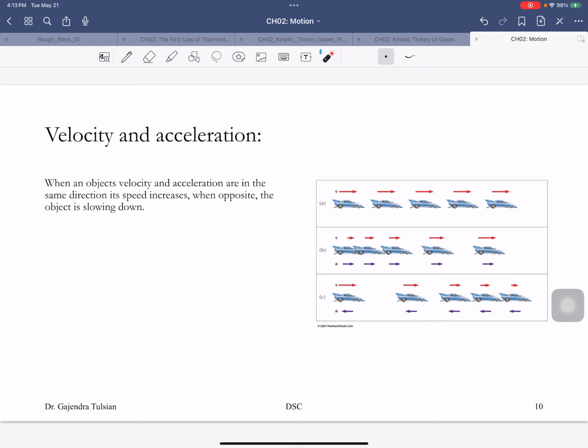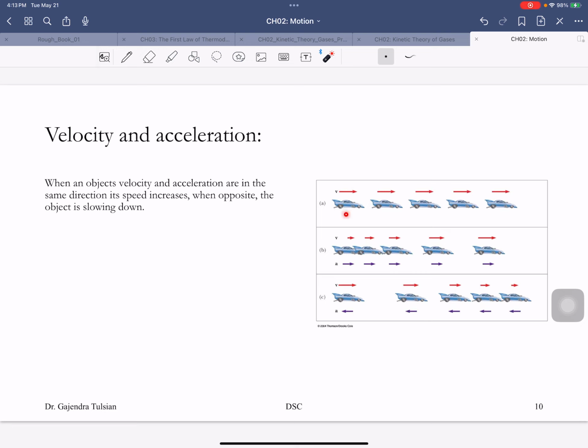The velocity and acceleration are pointing in the same direction, and so the velocity is increasing. So this is what happens when you accelerate, and this is what happens when you brake. Here's the velocity and your acceleration is in the opposite direction. When the acceleration is in the opposite direction, you see the magnitude of the velocity is decreasing. So you're slowing down.